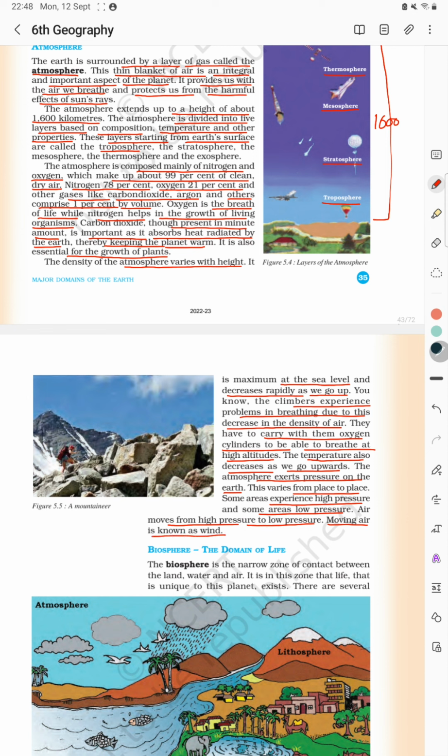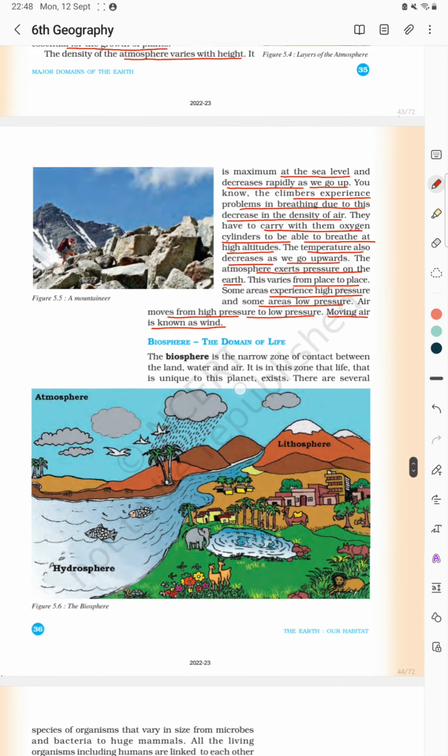So basically, as we move up, density of air decreases, temperature also decreases. At some places we experience high pressure, and at some places low pressure. The air moves from high pressure to low pressure, and the moving air is known as wind.